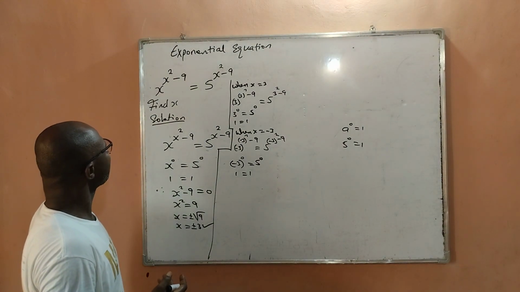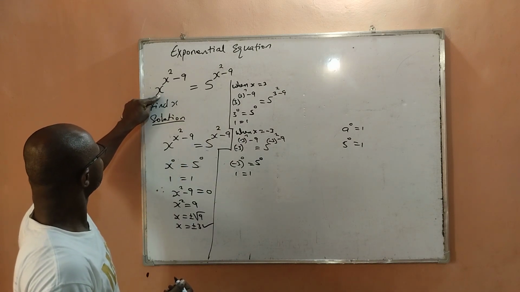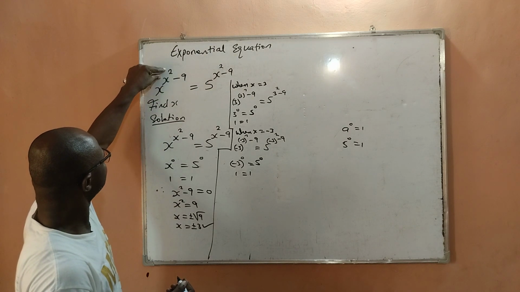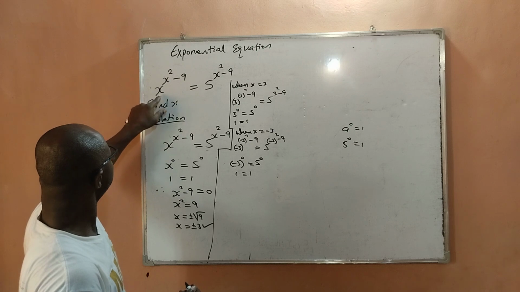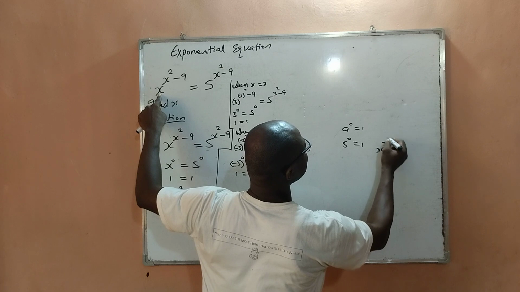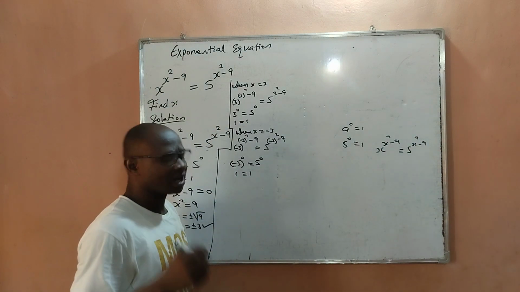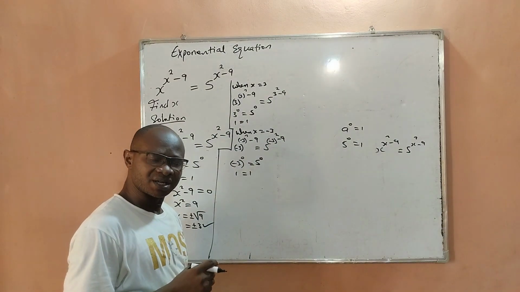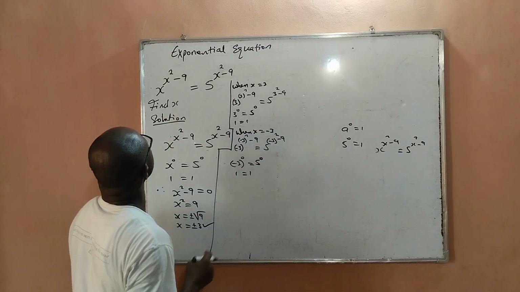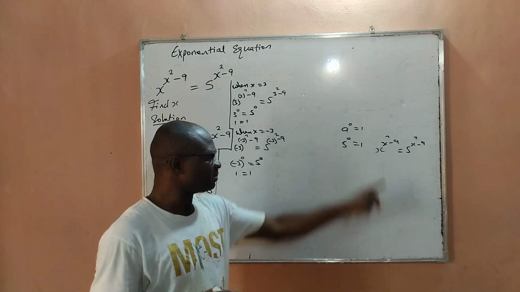Now, another thing is, you also know that if the bases are not the same, but the powers are the same, like if I am given x raised to the power x squared minus 9 equal to 5 raised to the power x squared minus 9. There is a law in indices that says when the bases are the same, automatically the powers also become equal, and when the powers are the same, likewise the bases become equal.